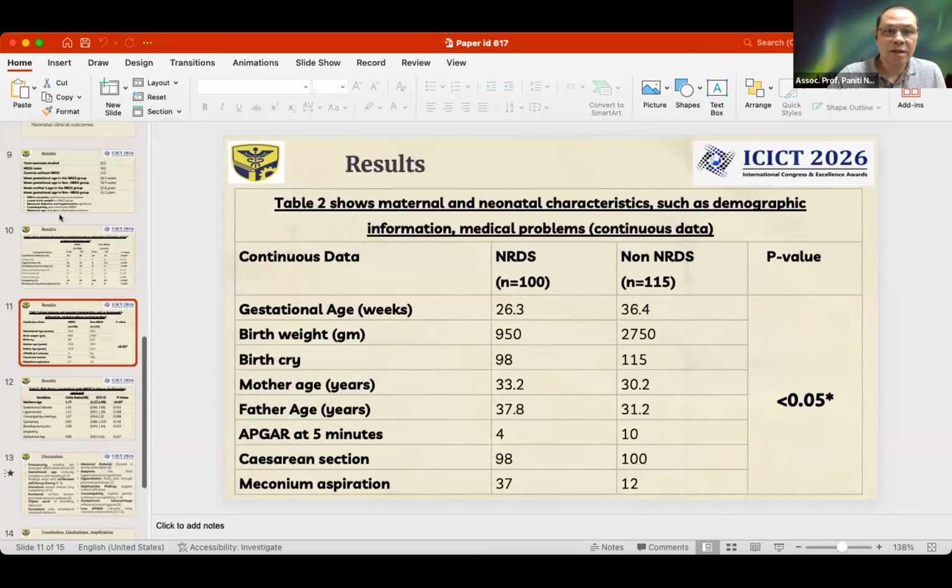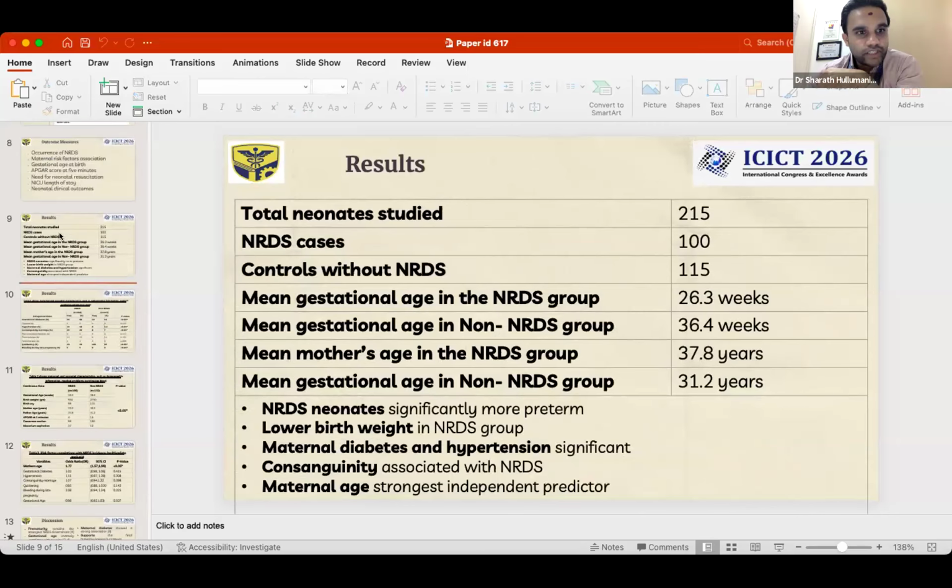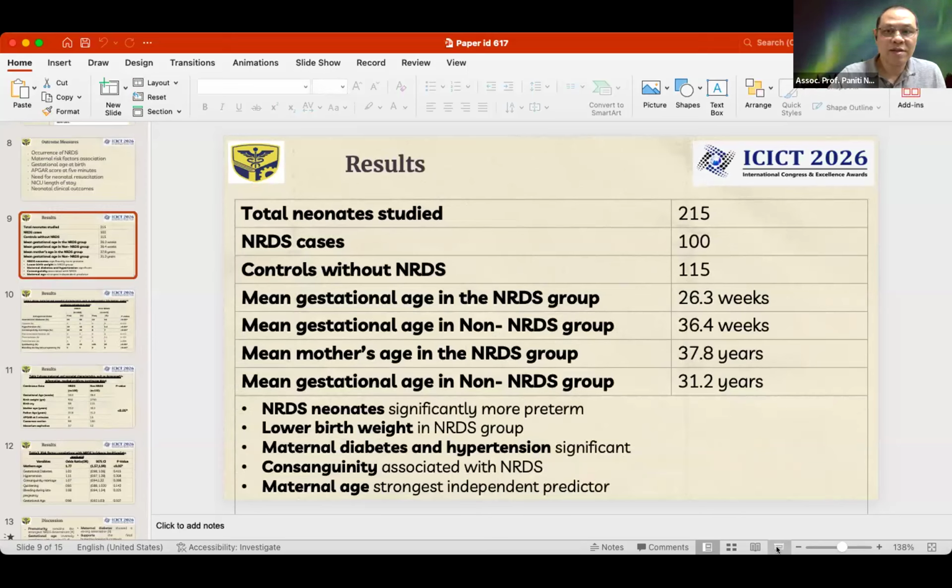I request the session chair to ask questions. Okay. If it is possible, can you show the first slide of your results? I think there is a typo, because you said 31 years, I think. This one? Yeah. You said 37.8 years. I think it is not correct. Yes, it should be weeks. Okay.